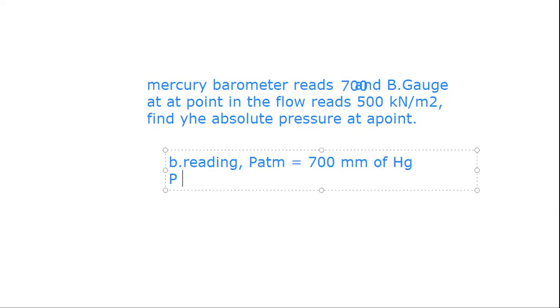Now P atmosphere is equal to 700 divided by 1000, into 13.6, into the specific weight, which is 9810. The value you are getting is 93.391.